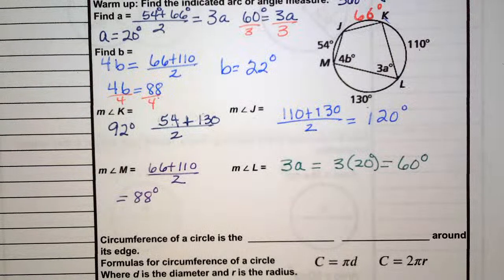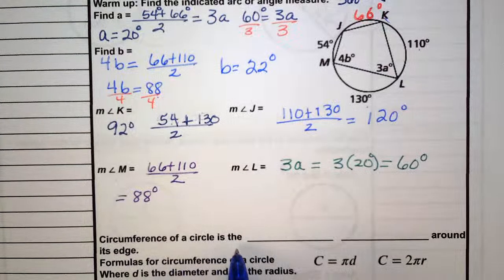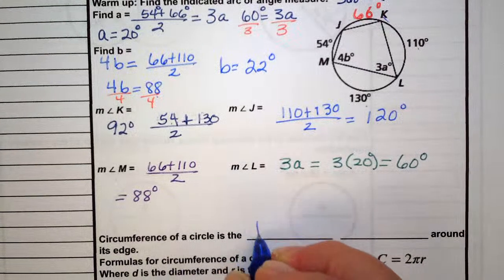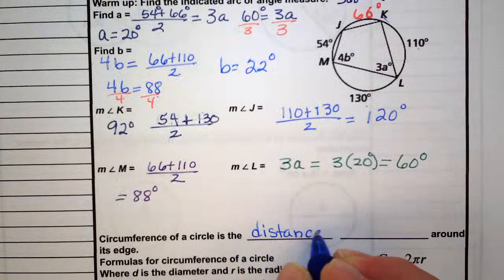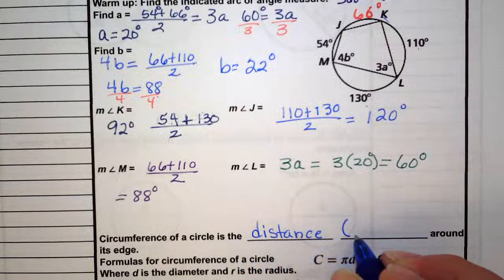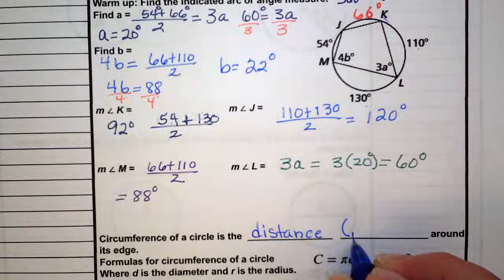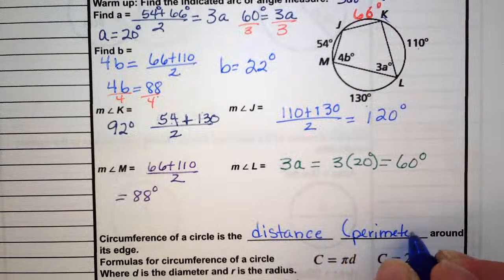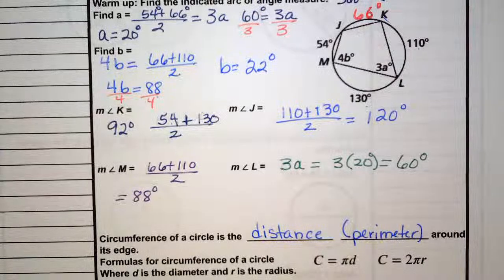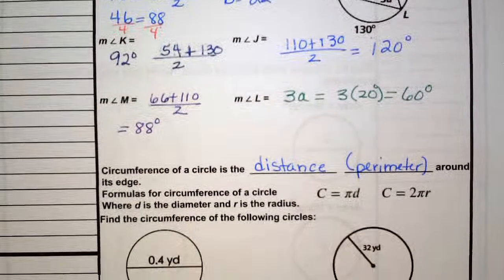So that takes us into circumference. The circumference is the distance around the edge. It also might be called the perimeter. So there's two formulas you can use.